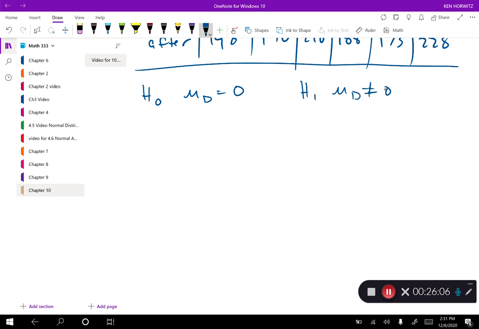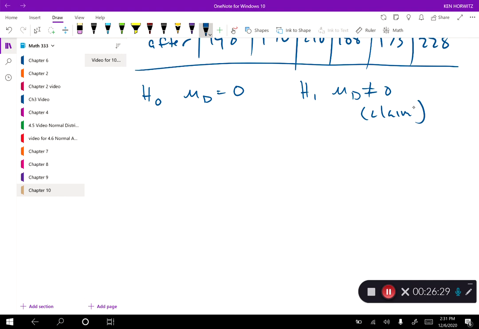And that means that there was a significant change, that the levels were different. And if the dietitian wishes to see if a person's cholesterol will change, then I'm going to say that our claim is our alternative hypothesis.